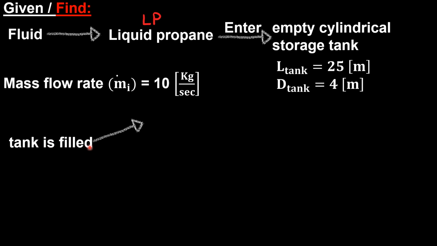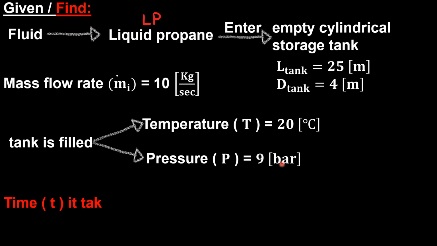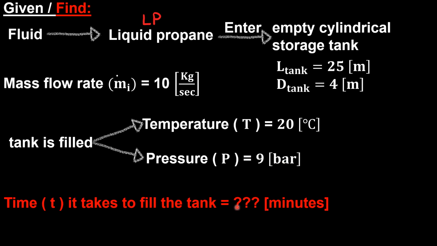When the tank is filled, it has a temperature of 20 degrees Celsius and a pressure of 9 bar. The question is how much time it takes to fill the tank, given the mass flow rate and the characteristics of the liquid propane inside the tank.